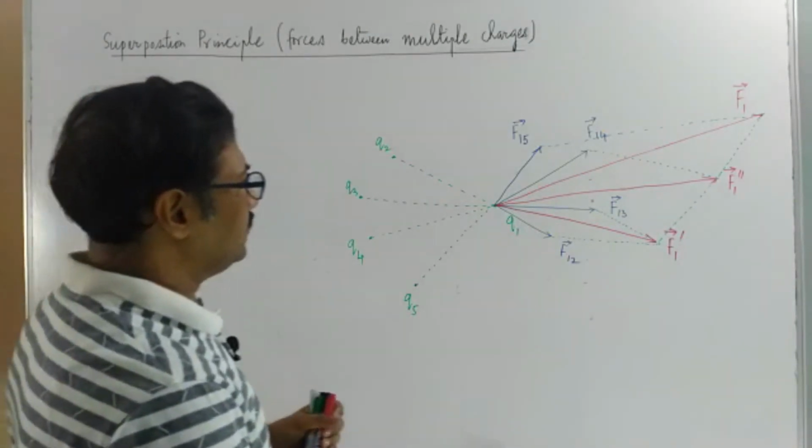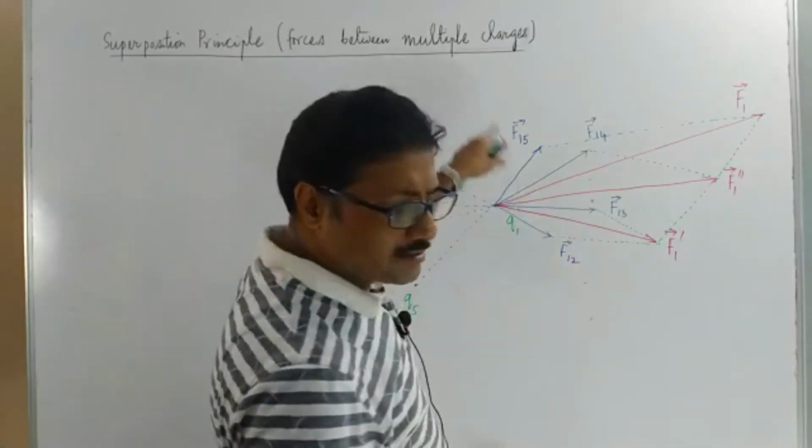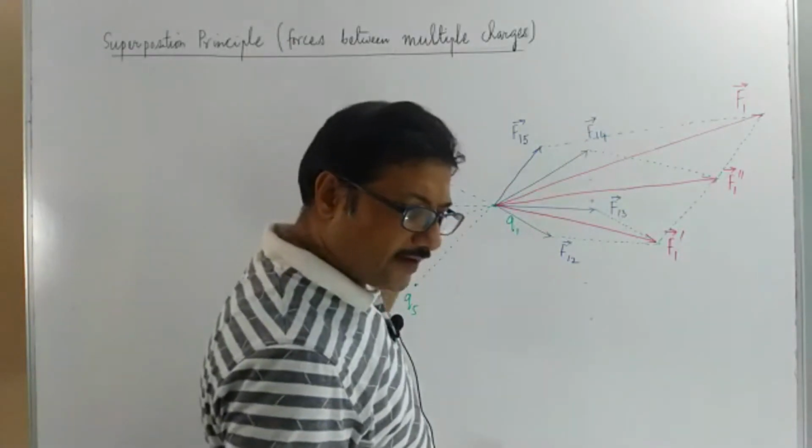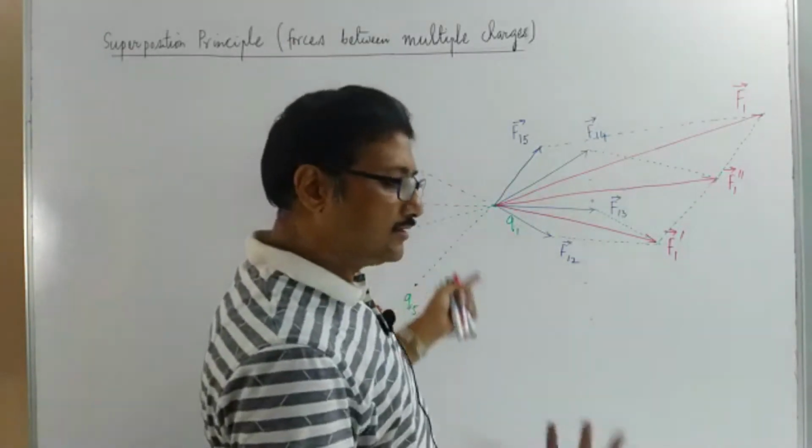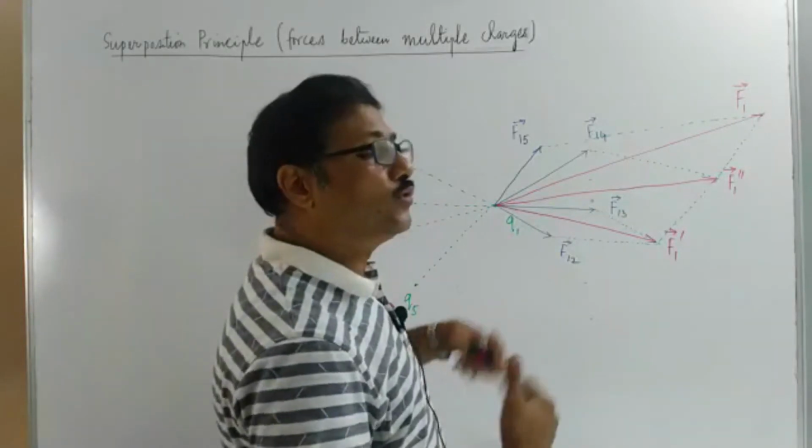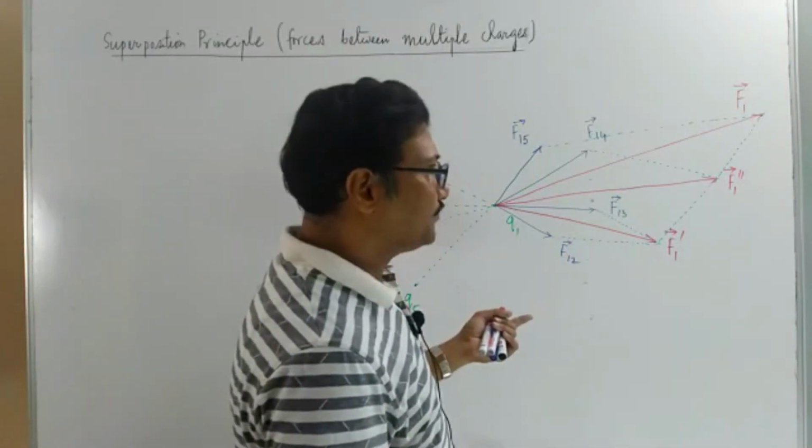Okay. So now I have considered a system of 5-point charges. You may consider a system of even more charges. Okay.